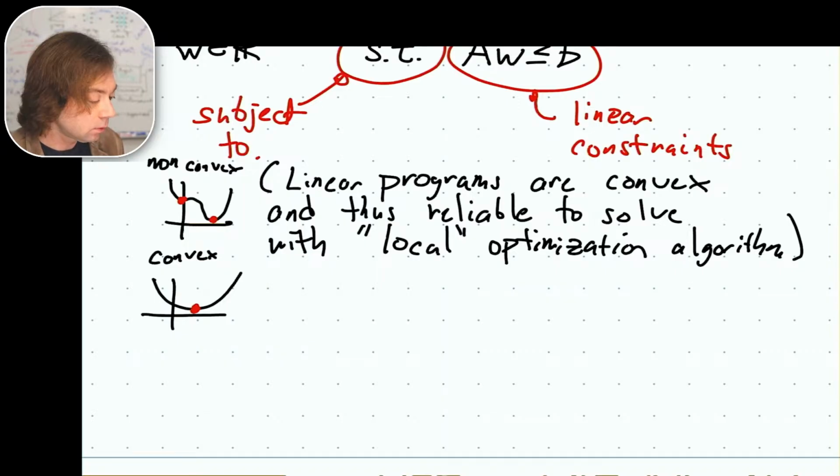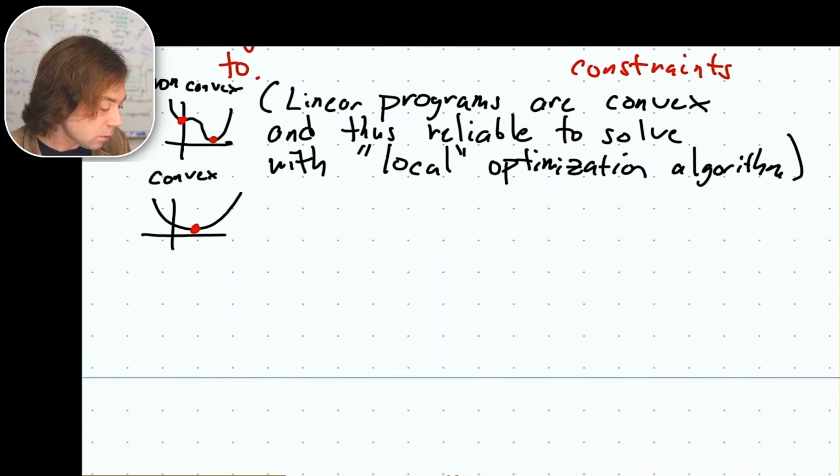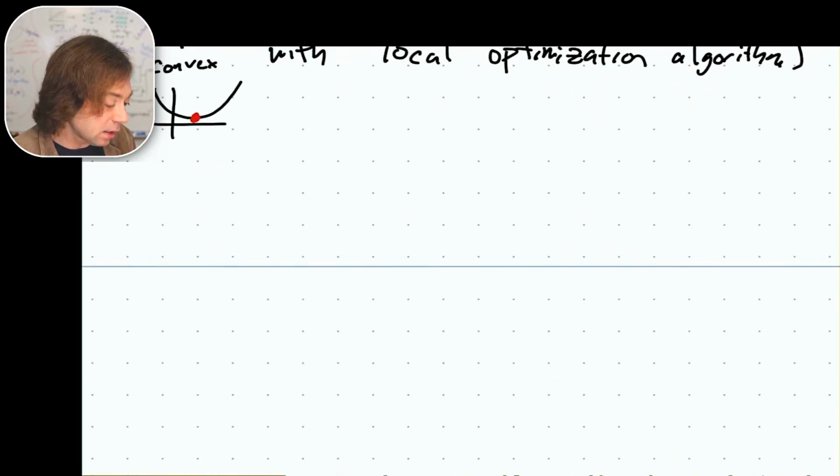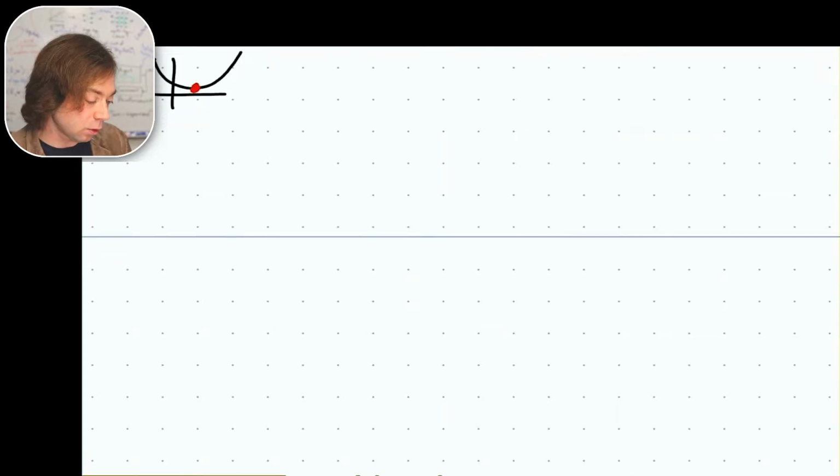Now, because linear programs are kind of restrictive, can we have a less restrictive form that's also convex? And that's what the quadratic program is, okay? So here's the headline for types of programs.